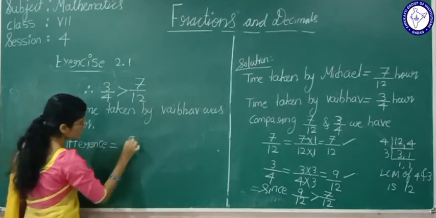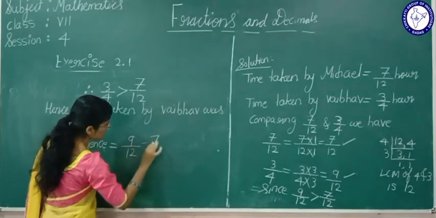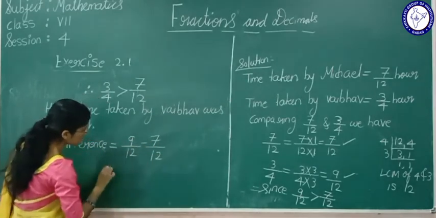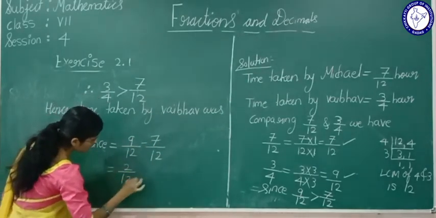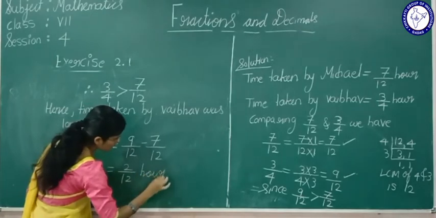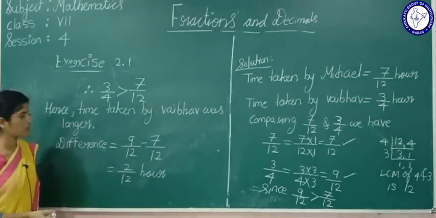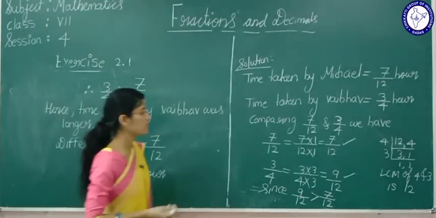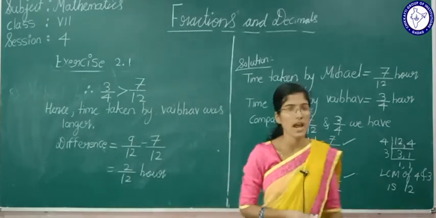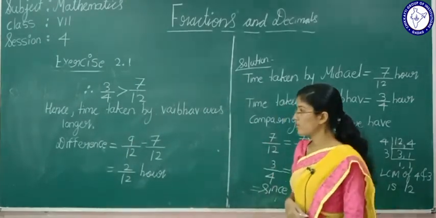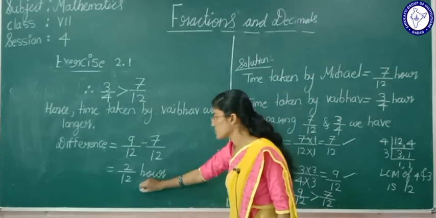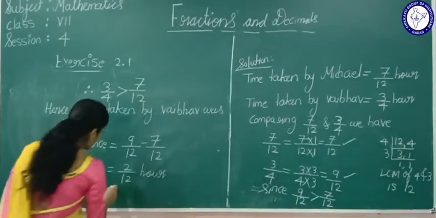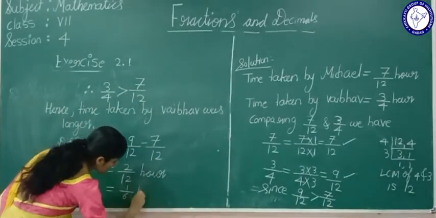What is that? 9 by 12 minus 7 by 12 is 2 by 12 hours. Say Vaibhav had taken time longer. By how much? By 2 by 12 hours. That is 1 by 6 hours.